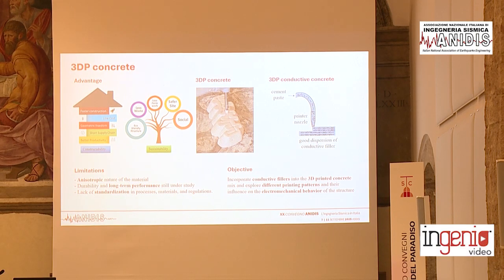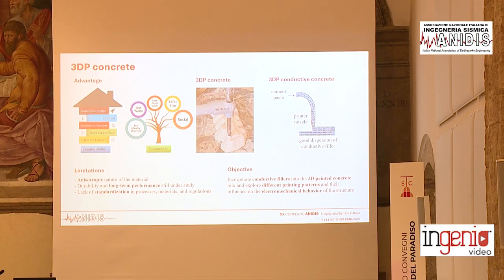And also, as I mentioned previously, we can now explore different geometries that can be quite useful, both in terms of structural applicability and in terms of self-sensing capacity. And this is a small video showing printing that we did recently at Iowa State University.